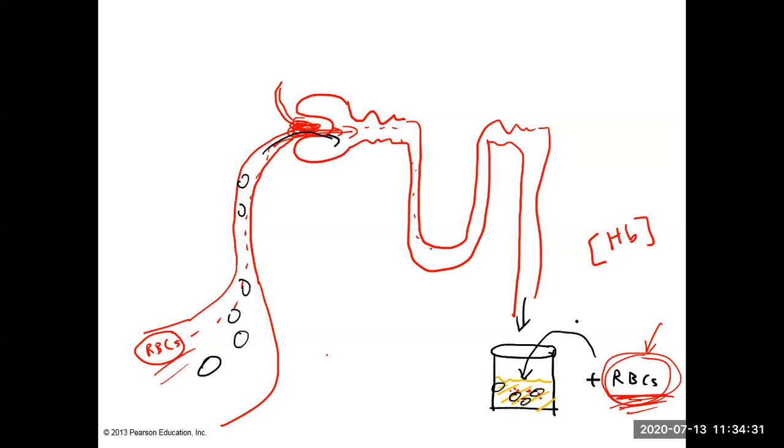If you don't want to go to a laboratory, one way to determine if you have a high level of protein is just putting the urine into a glass and looking at it under the light. If it's very cloudy, say this is your clear glass, if it's very cloudy, what does that mean? That means there are some proteins in it. So they are bouncing the light back and it gives you an impression that it's cloudy.